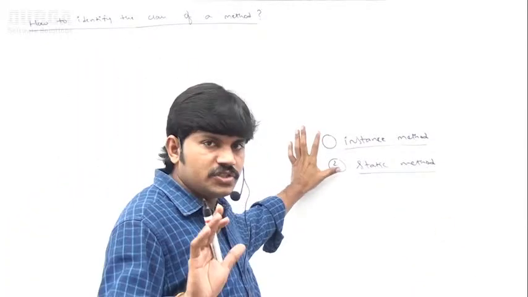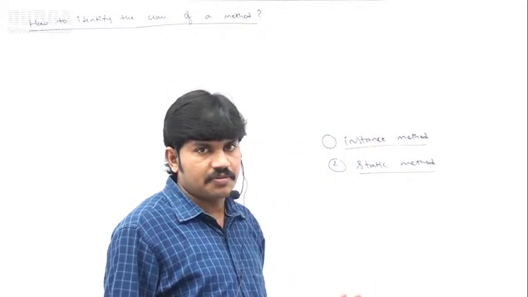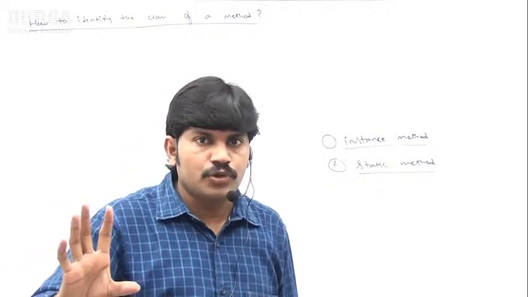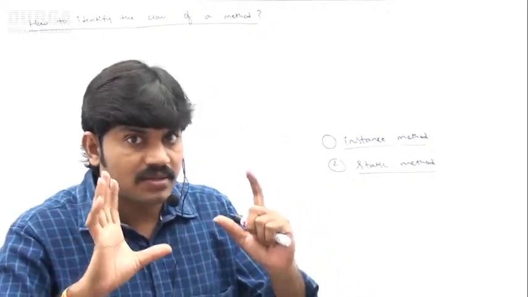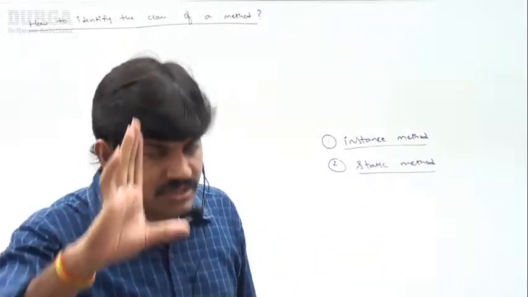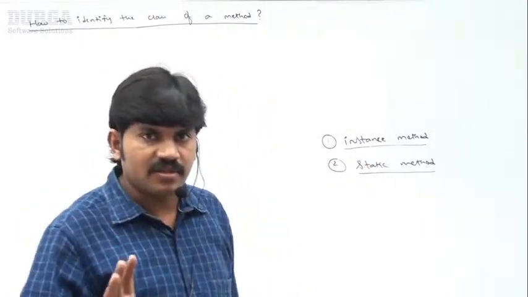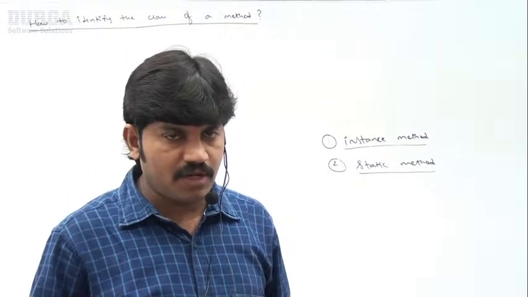A static method is nowhere related to a particular object; it is always a class-level method. An instance method always talks about a particular object only. Clear for all of you, right?